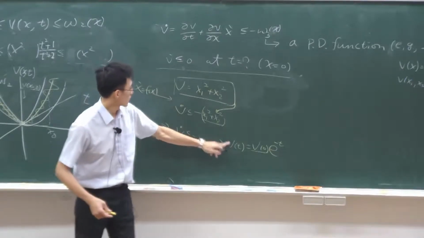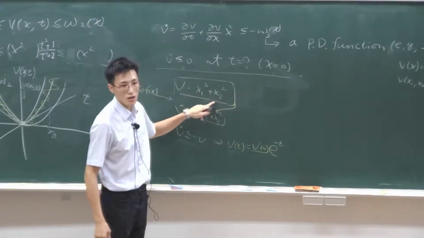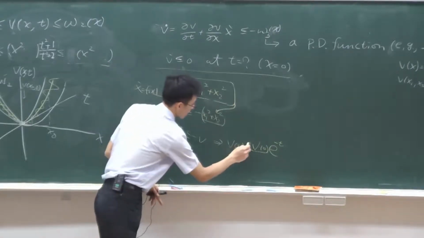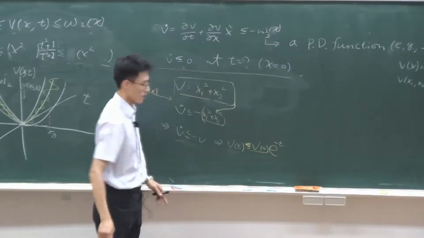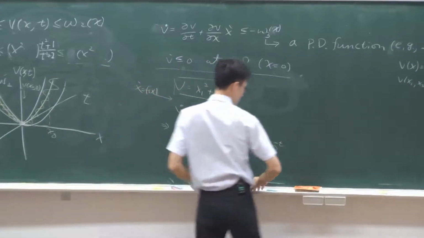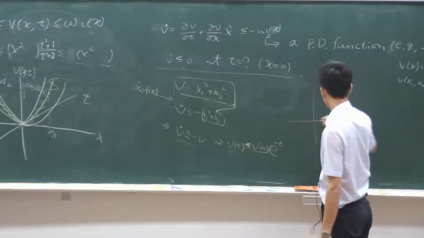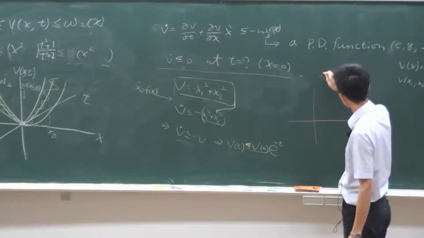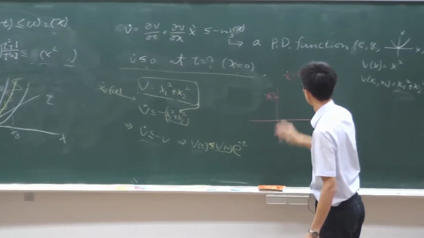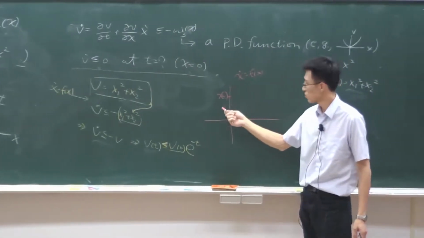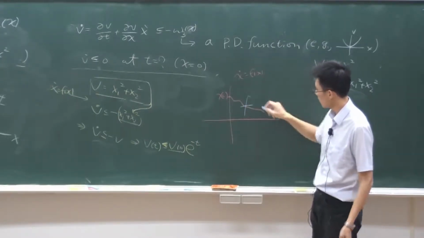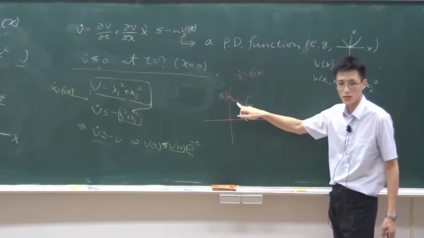The relation between V and X is this, okay? It's an upper bound, not equal, okay? So what does this mean? Given the dynamics, and I know the initial conditions, there's no way to find out the solution of X, right?